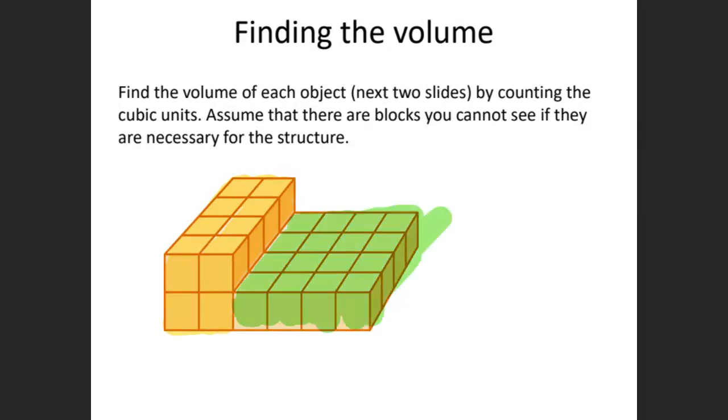This green part is the second part of the box. I am putting the yellow and the green together. So when I want to find the volume, I need to think of this in 2 different parts. The yellow, okay, and the green.